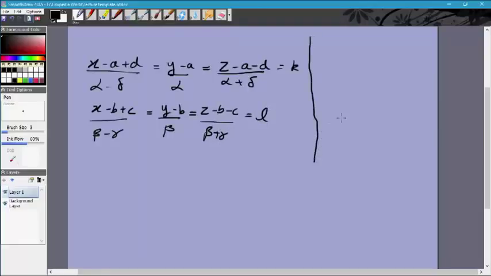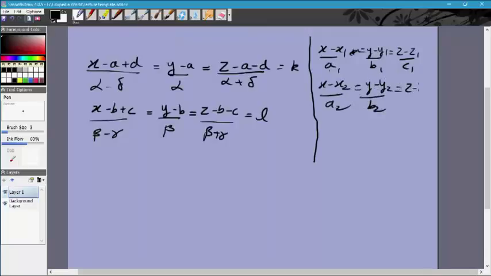Now we know the formula for when two lines are coplanar. If you have two lines such as (x minus x1)/a1 equals (y minus y1)/b1 equals (z minus z1)/c1, and similarly (x minus x2)/a2 equals (y minus y2)/b2 is equal to (z minus z2)/c2, then these two lines are coplanar if this particular determinant is 0: x1 minus x2, y1 minus y2, z1 minus z2, a1 b1 c1, a2 b2 c2.